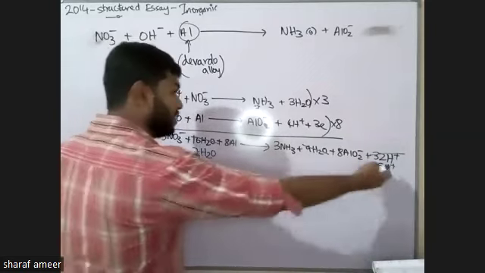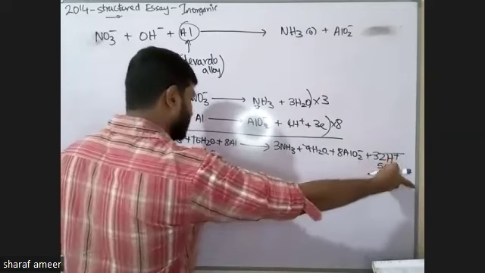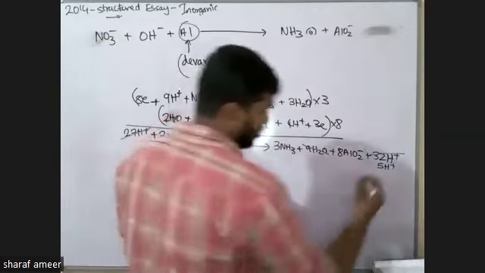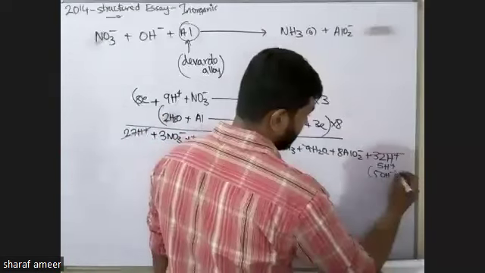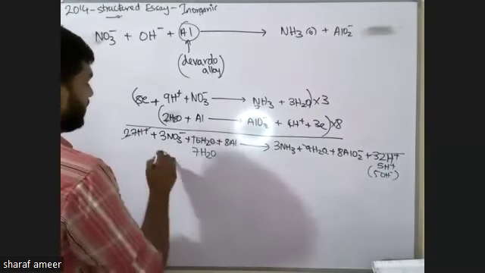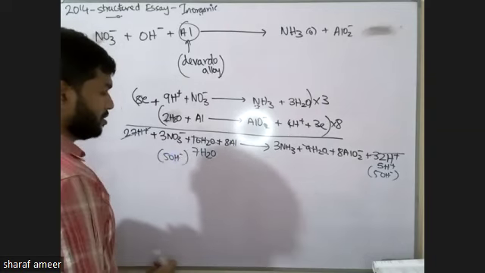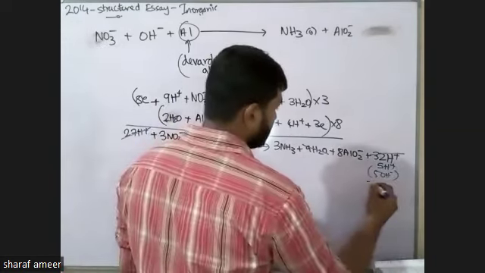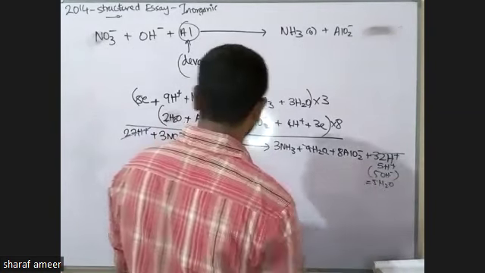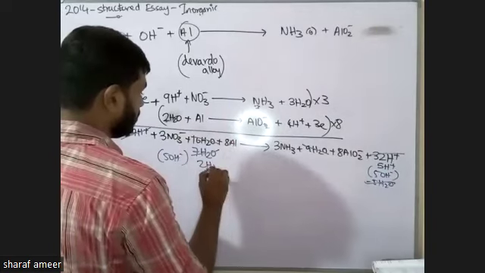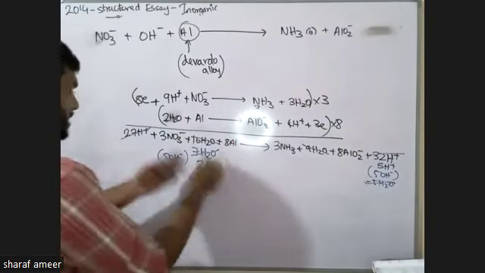So if I put 5 OH minus here, I have to put 5 OH minus on the opposite side. So when 5 H plus and OH minus come together, 5 water will form. So you can cancel this water and this water, so you get 2 water remaining. So finally, this is the basic medium equation.